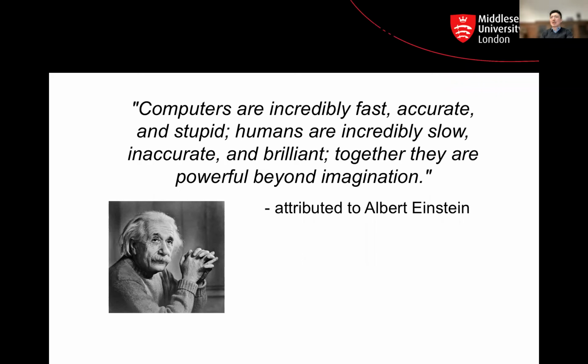But humans, on the other side, their weakness is they are slow and inaccurate compared to the computer, but are brilliant. So we have, say, creativity, can come up with new ideas or designs, and then together achieve the best results.